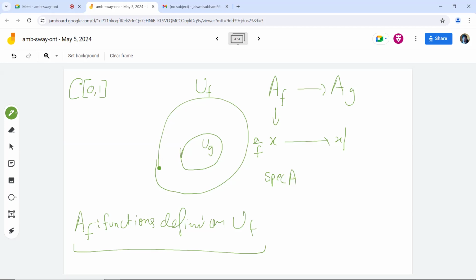So if you think of f as a function on the max of this, okay, so that we have prime, so we have maximal ideals.